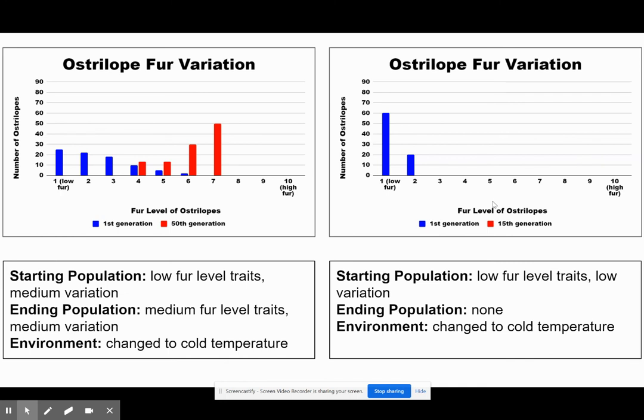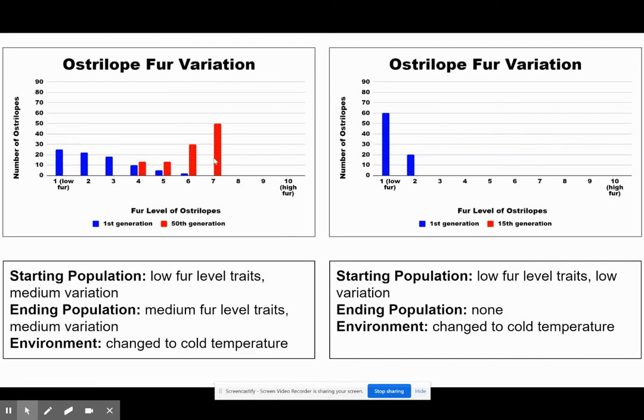And we can see now that there are two charts. At the beginning of this one, there are some low fur level traits with medium variation. The ending population has medium fur level traits with medium variation. And then the environment changed to a cold temperature. So we can see based on the chart, here's our first generation.